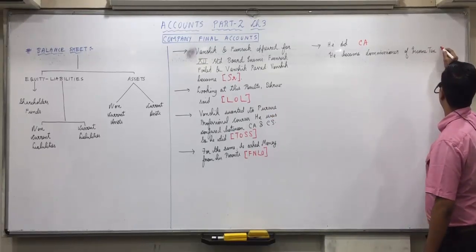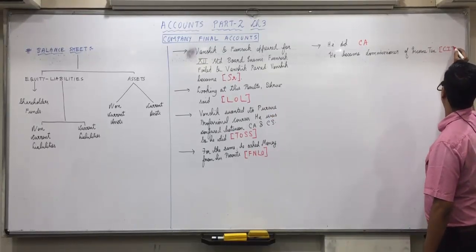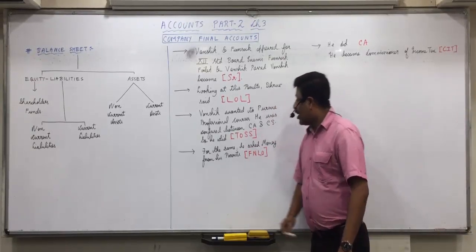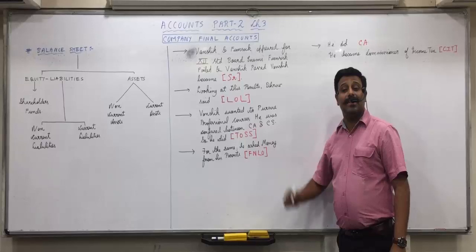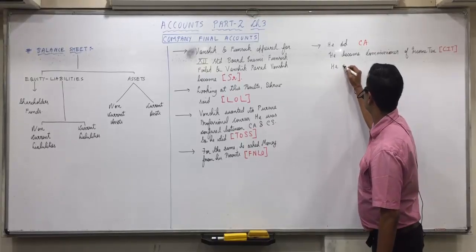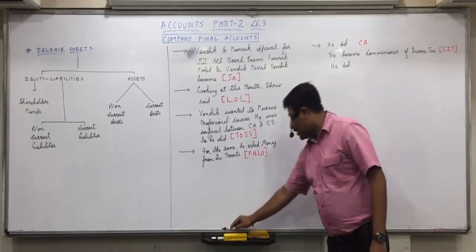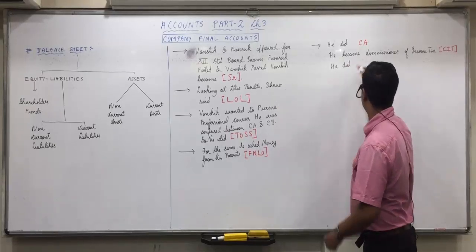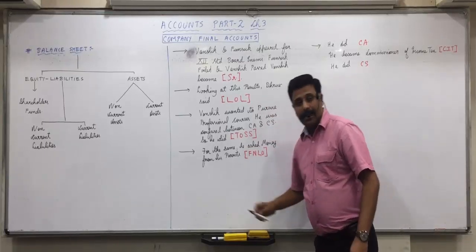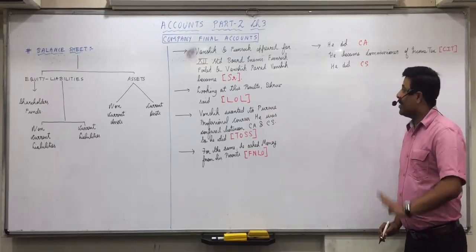Then he became Commissioner of Income Tax. Now he had confusion between CA and CS. Now he thought, why leave anything? He did CS also. After becoming Commissioner of Income Tax, he also did CS. Is everyone clear up till here?